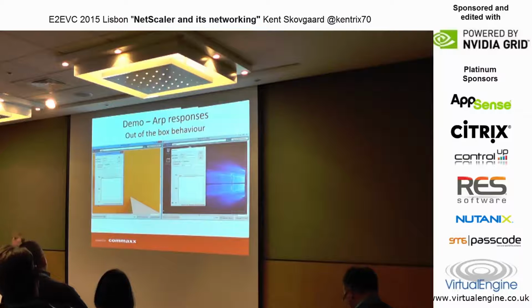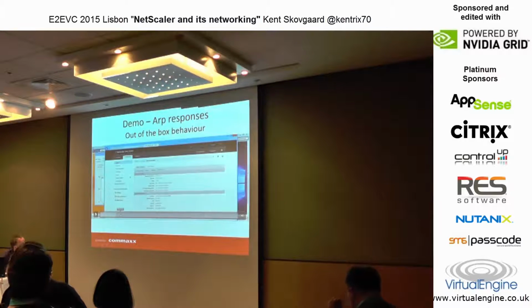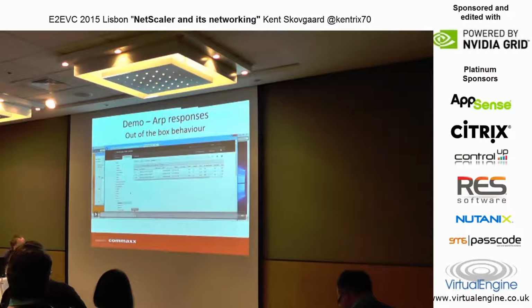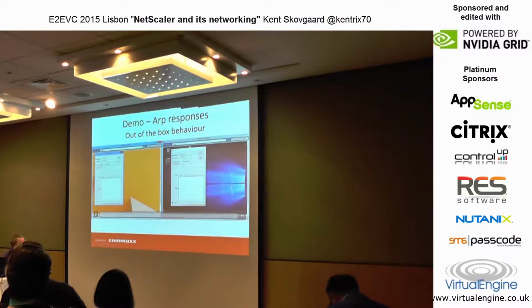I need to be sure that it's the right one we are looking at. So you see we have interfaces here, as I explained, and the IP addresses here, okay? Let's go.